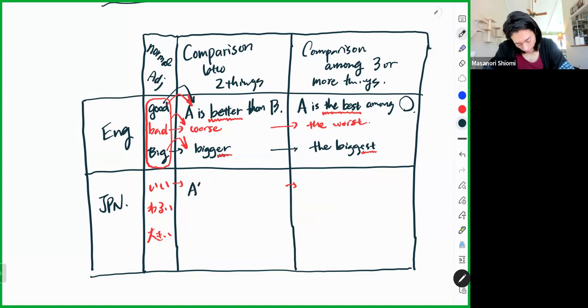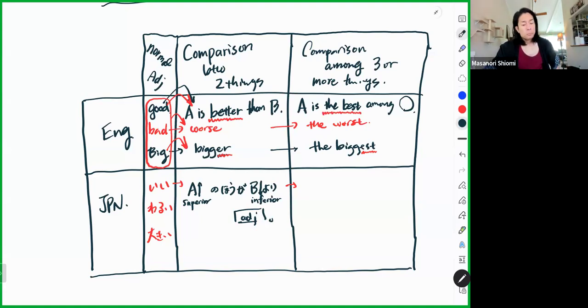A, whatever A that's superior that you're comparing, の方が B より, B is something that's inferior to A, and then whatever adjective here.